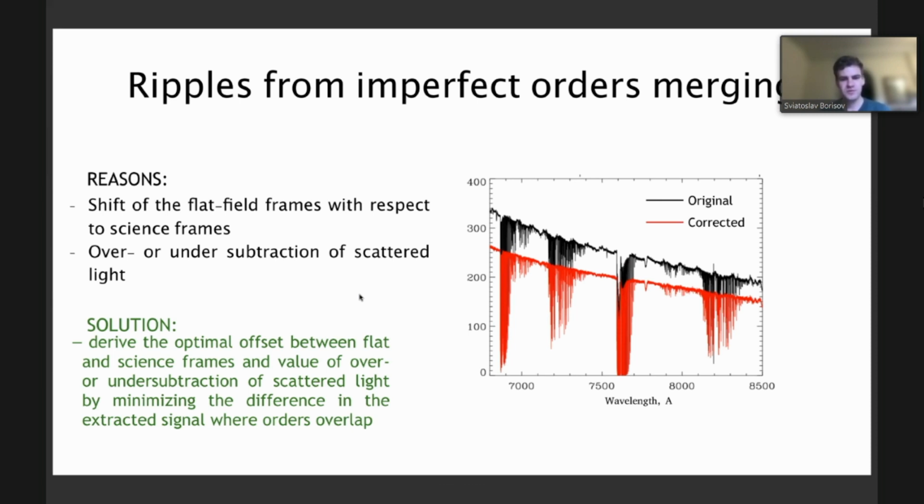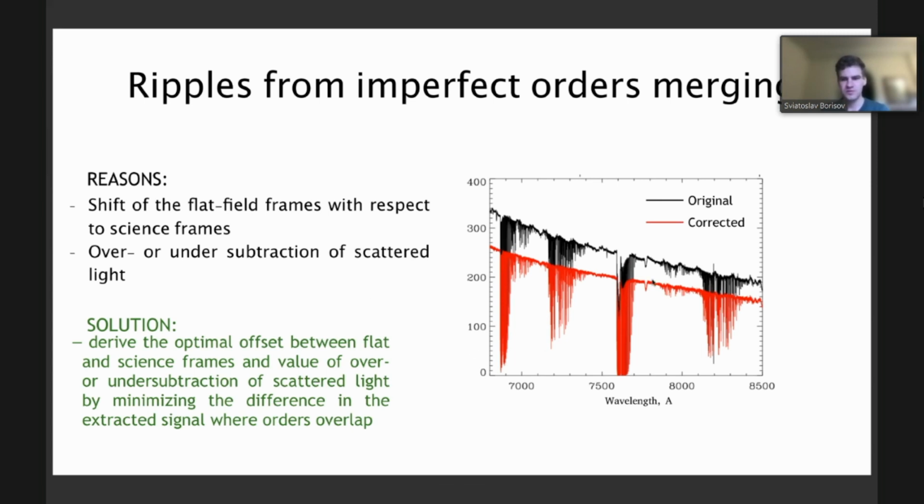But in the case of this library, we also discovered a second reason, and this is over or under subtraction of scattered light in the spectrograph. So you have to modify the initial algorithm a little bit and derive both the value of this shift of the flat field and the value of this over or under subtraction.